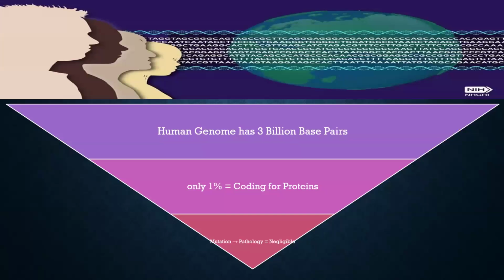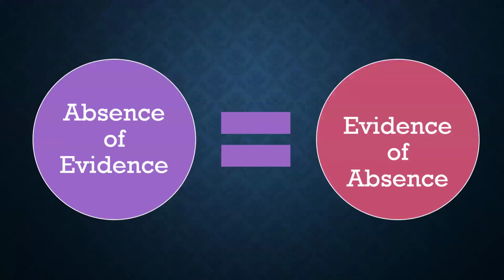So, it is very unlikely that one mutation among all these base pairs may lead to pathology. Even if ICSI has an effect on the human genome, it may be negligible as of now, but in the long term, these mutations may accumulate, and we might have a long term effect on our species. So absence of evidence is not equal to evidence of absence.